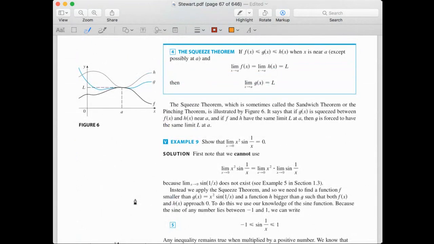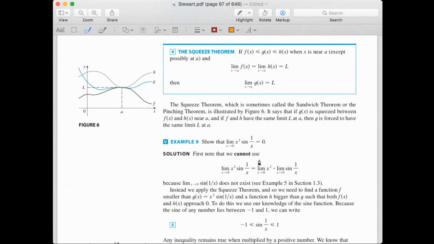Okay, let's look at this question. This question is to show that the limit of this function equals 0. The book is saying we cannot use the product rule, that the limit of a product of two functions is the product of the limits.